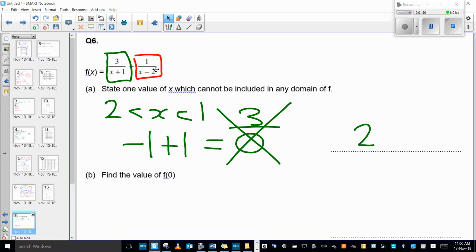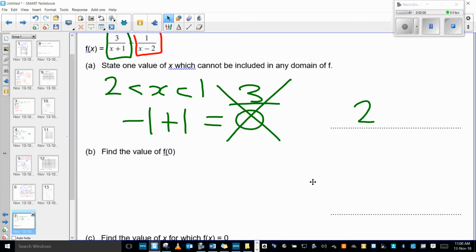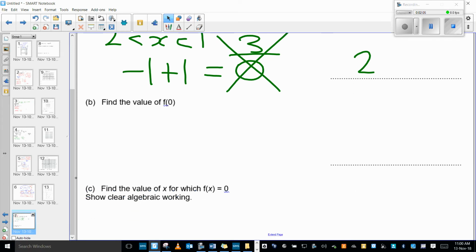Okay. Jamie, back to the second one. I think I can do this. Okay, for this one, the value of f is f of 0.